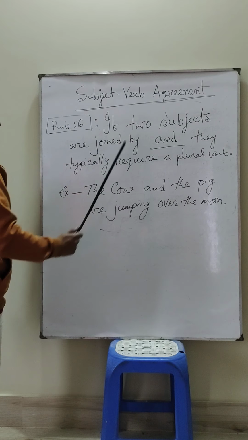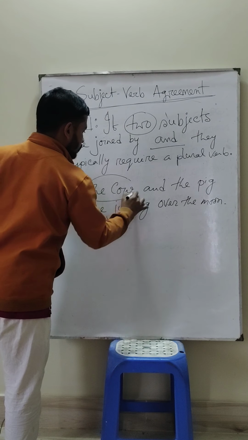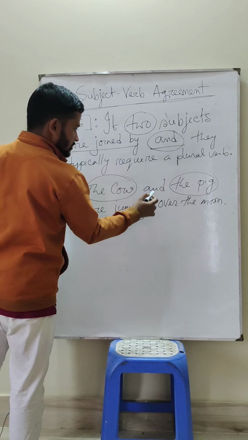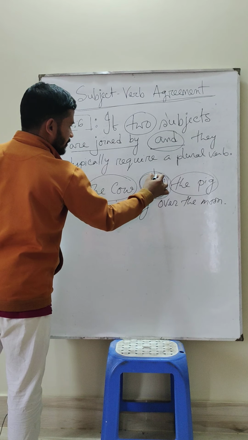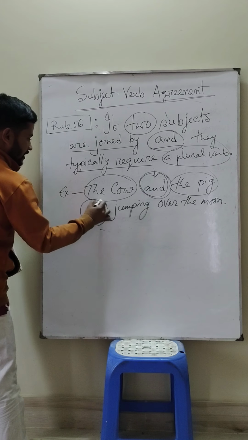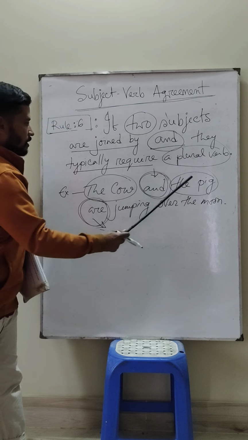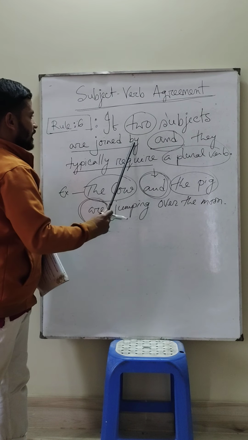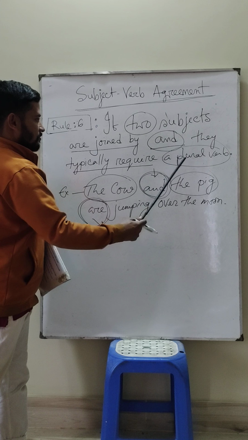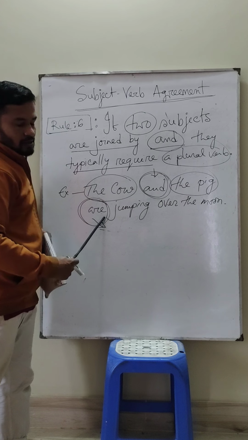If two subjects, the cow and the pig, are joined by "and", these two subjects joined by "and" typically require a plural verb. That is, if the subject is plural, the verb must be plural.